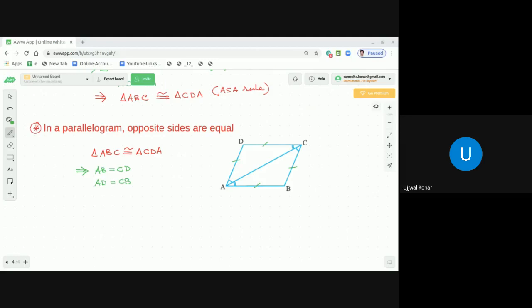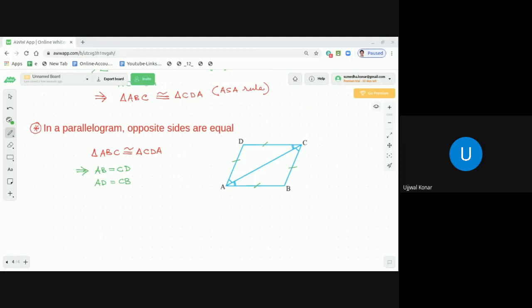Okay. So dear students, the next theorem I am going to tell you is something like this. If each pair of opposite sides of a quadrilateral is equal, then it is a parallelogram. So let us understand this. Let me write down the statement first, followed by the proof.